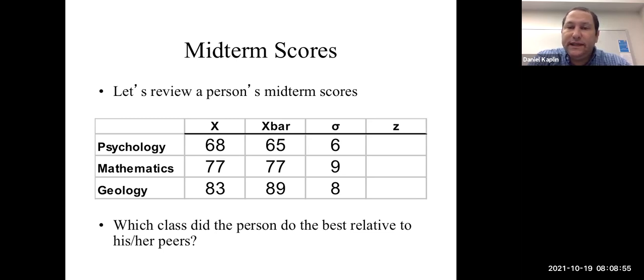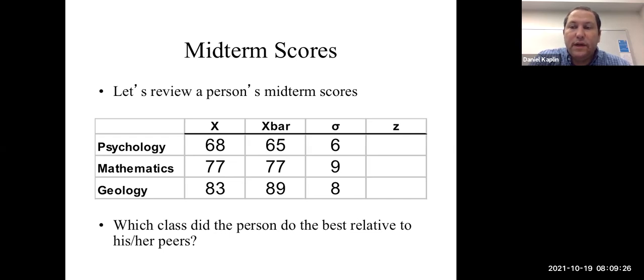The question is, well, which person did the best? Now, if we're looking at the scores by themselves, you're like, well, the 83 looks the best. It's the highest score on the midterm. However, the question should be, how did that person do relative to his or her peers? So the Z-score formula is going to allow us to calculate that.